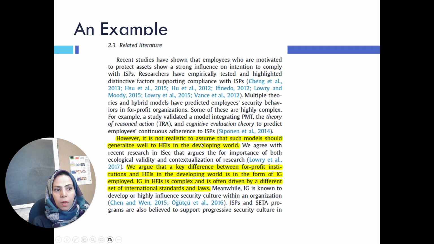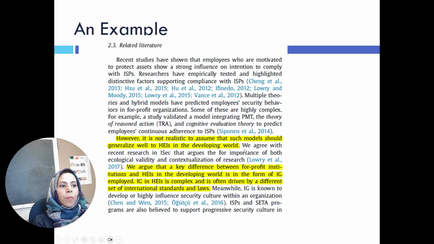But the problem is वो वाले models may or may not work in higher education institutes. They might work for the profit organization, but higher education institutes में शायद generalize ना हो सके. Specifically those higher education institutes जो developing world में हैं.